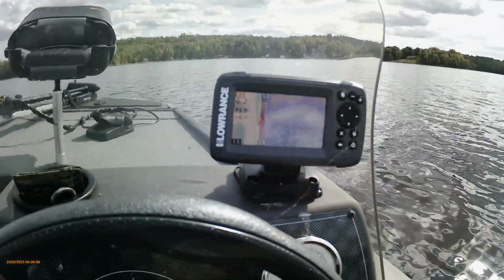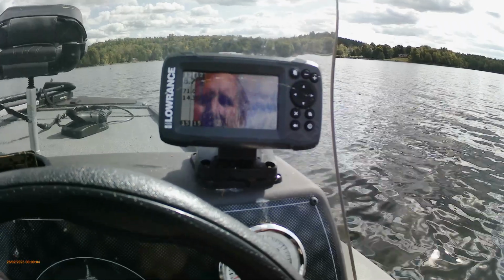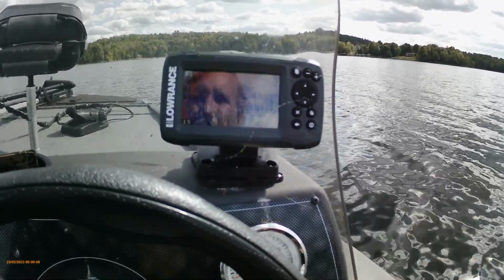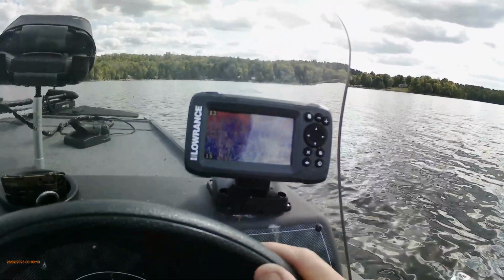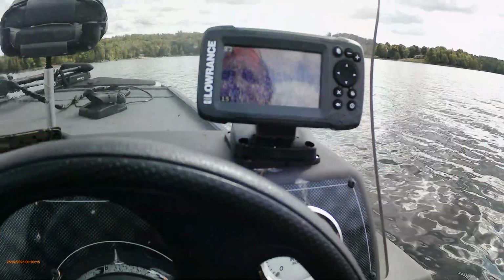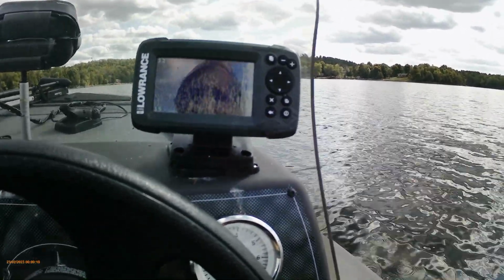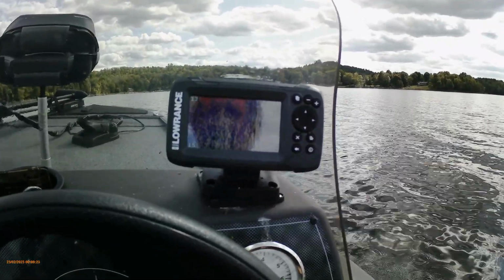I wonder if that's because it hit the bottom during some waves. Not sure. It shouldn't be looking like that. Let's go a little closer to shore. I think I've seen that happen before. I had to do a factory reset on it.